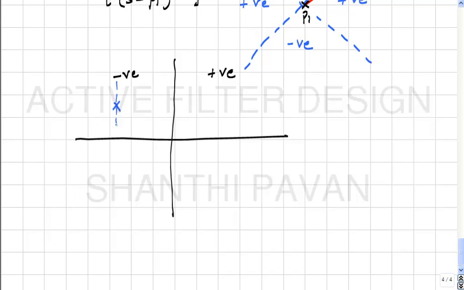But we know that Z of S must have a negative real part throughout the LHP, which therefore means that you cannot have a pole in the left half plane.